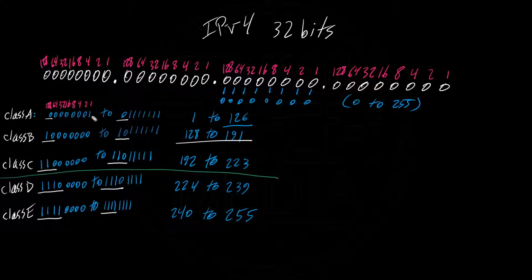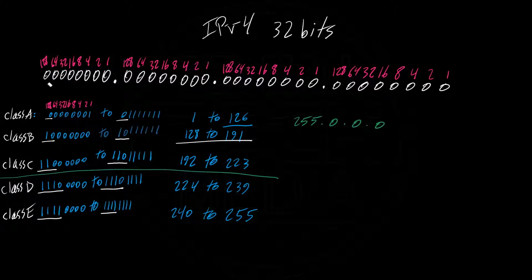The default subnet mask for class A is 255.0.0.0. What does this mean? It means that in the first octet, all the 8 bits are turned on.